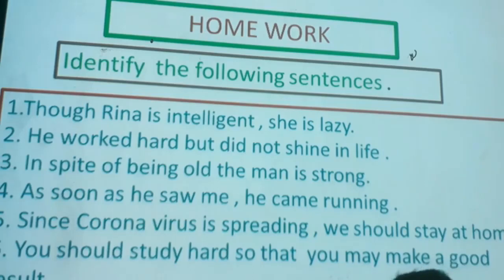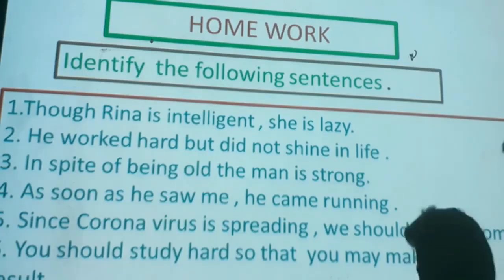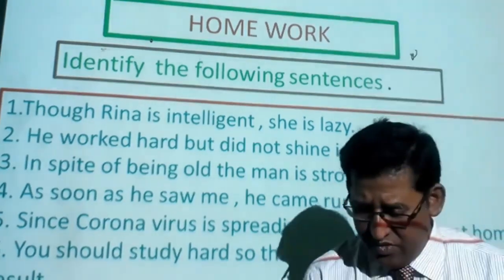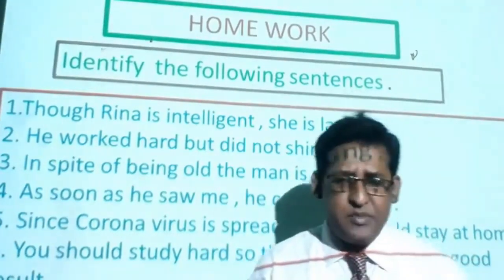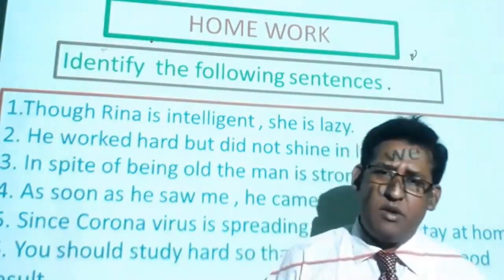Simple, compound or complex? Just try to identify the sentences. You should study hard so that you may make a good result. This sentence, which sentence?